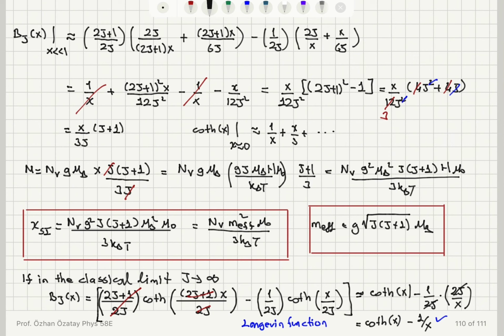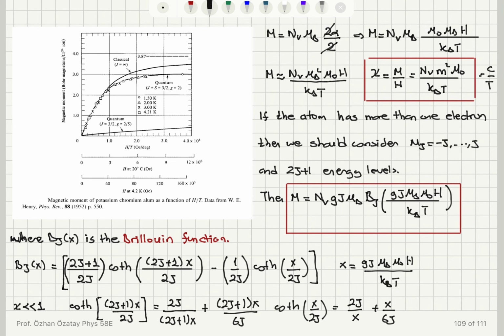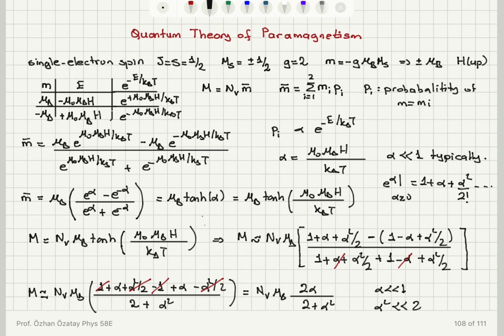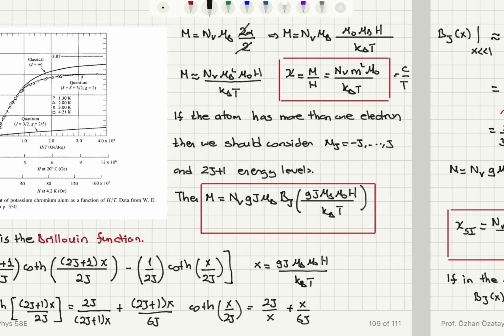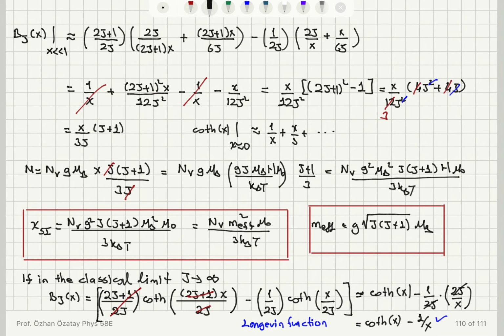So that's what we used, and we obtained the susceptibility value, which can be written in the form number density times m squared mu_0 over 3 k T, where m squared is the effective magnetic moment, which is g square root of J(J+1) mu_B, which is actually the magnitude of the magnetic moment. So here it was actually just mu_B, because it's the same thing, since J was equal to 1/2.